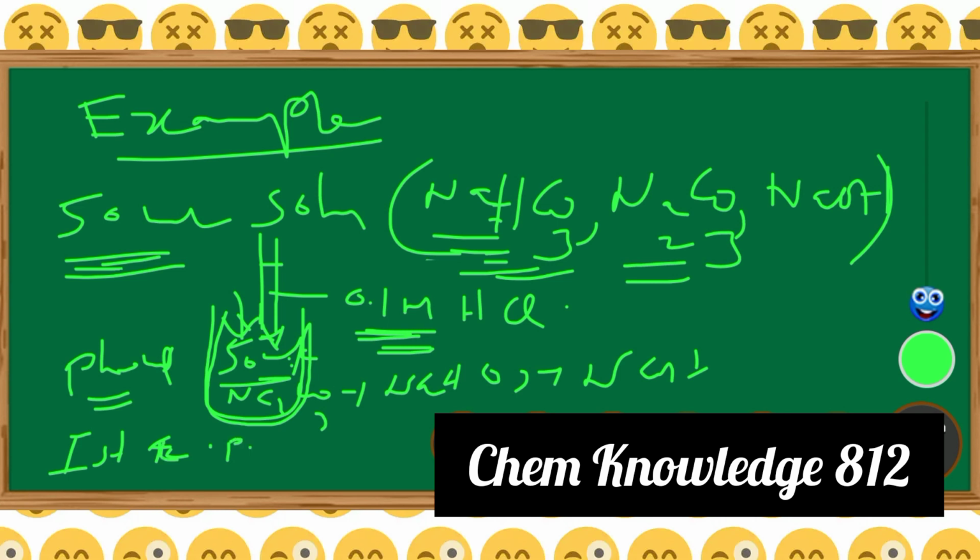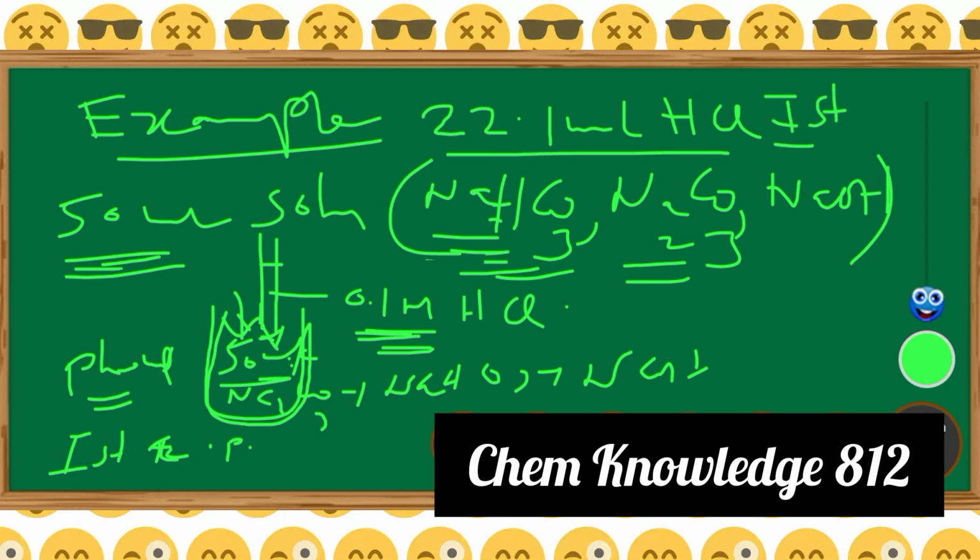For example, we can say that 20.1 ml of 0.1 molar HCl is used to get the first end point.